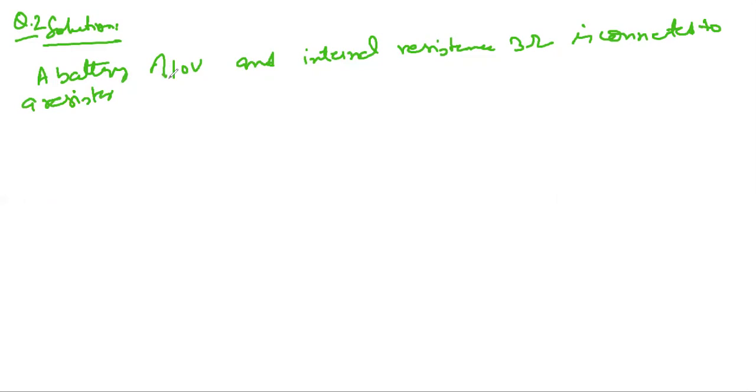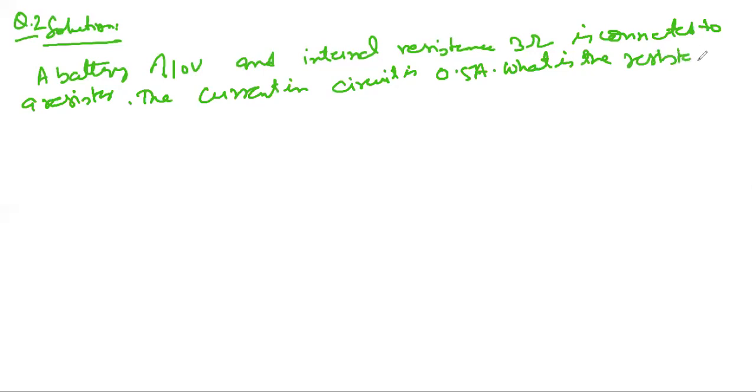The current in the circuit is 0.5 ampere. What is the resistance of the resistor? So we have to find the resistance of the resistor and the terminal voltage.